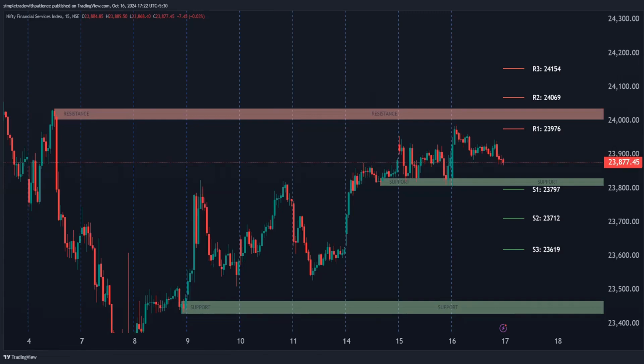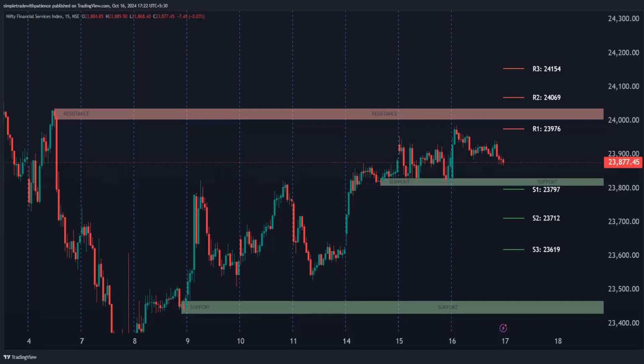So to summarize, we have taken a look at Nifty, and let's go through the important points. The 50 EMA is placed at 25,045.37, and the most important resistance is 25,074.